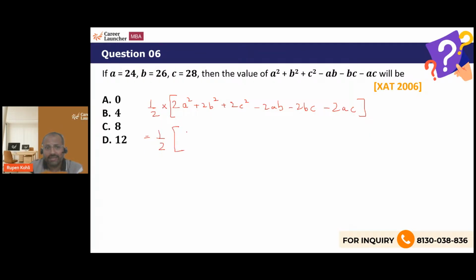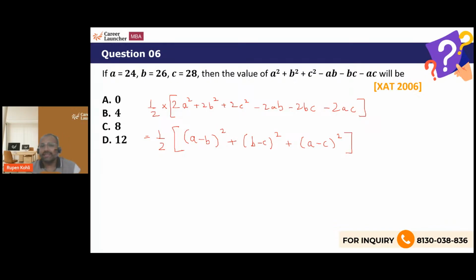So now I can say that a minus b whole square is a square plus b square minus 2ab. So one of the a square, b square has been used. Again, I will use further b square, c square now. So b minus c whole square. Both the b squares have been used by now, and 2ab, 2bc has also been used. And finally, when I write a minus c whole square, now everything has been used.